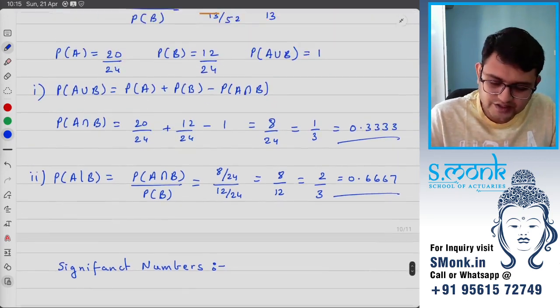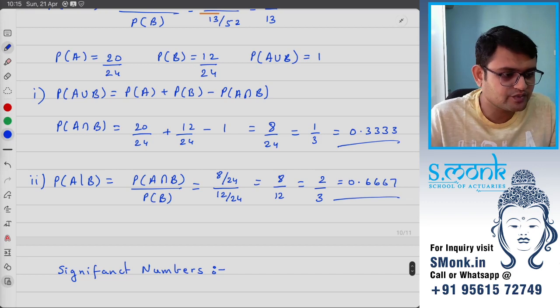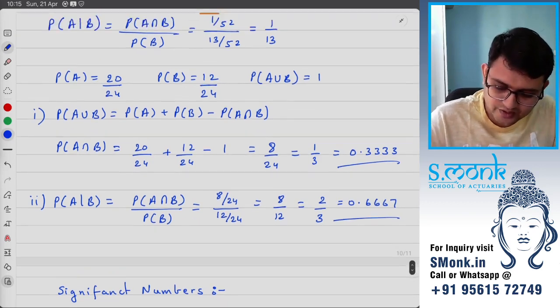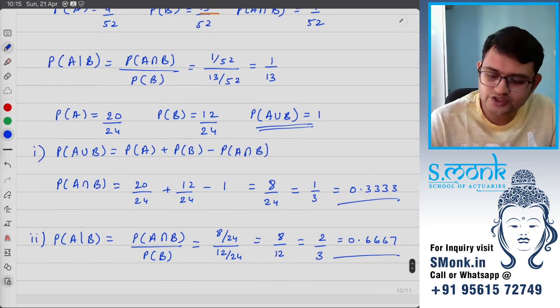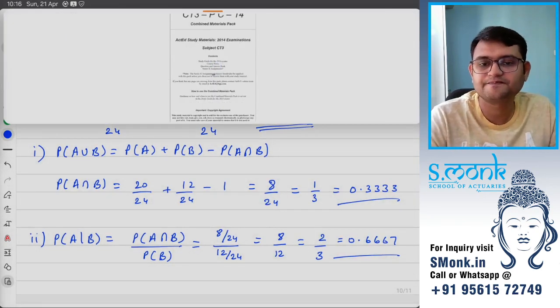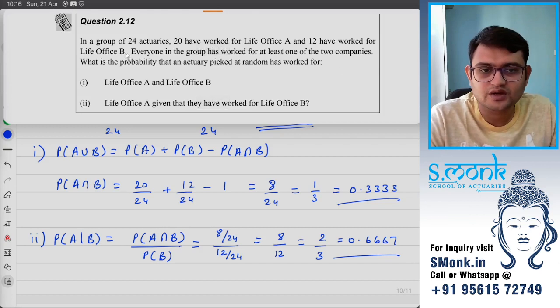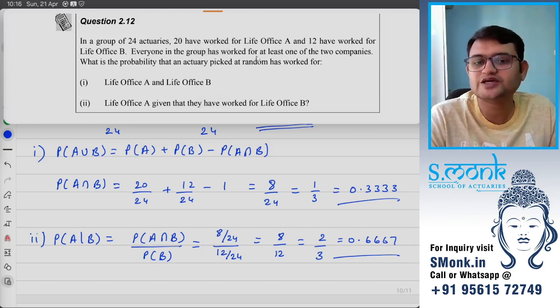Okay, Pritha, you're asking why is probability A union B 1? So in the question they said that everyone in the group has worked for at least one of the two companies.